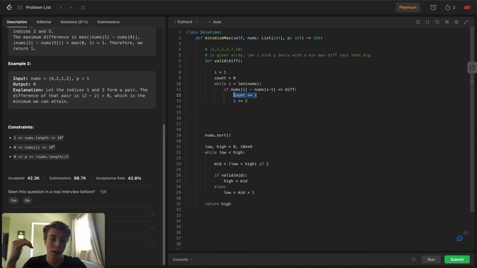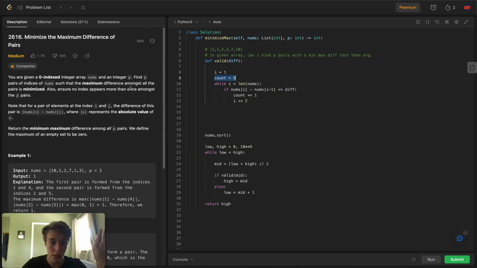If I stumble upon a pair that matches this condition, then I add 1 to count to see that I have found a pair that matches this overall min-max diff condition. And if so, then I skip my index by 2. So I'm initially looking at 1, I would skip it to 2 because I can no longer use this in any pair.